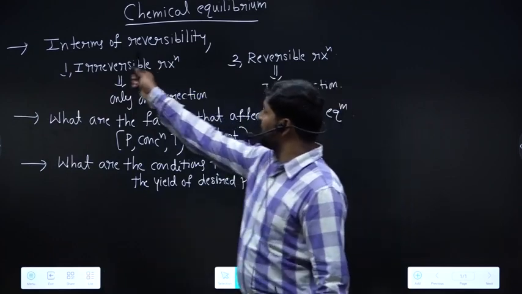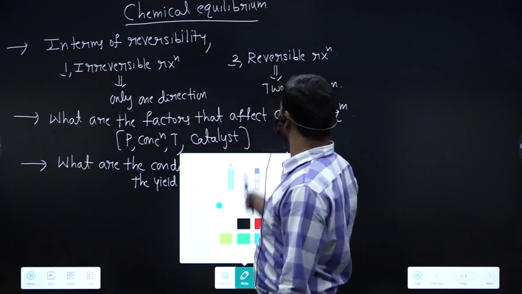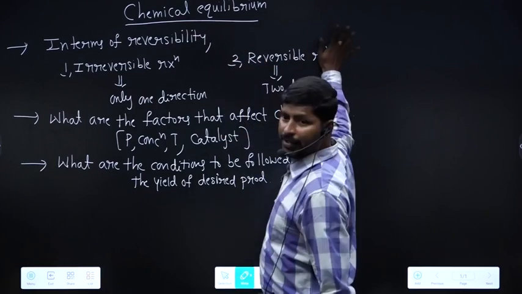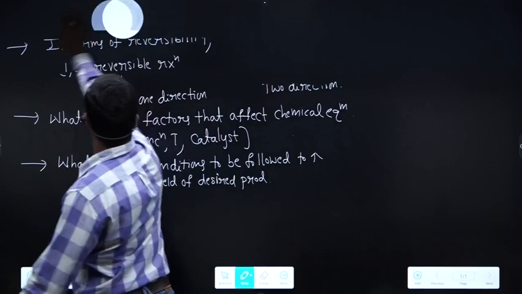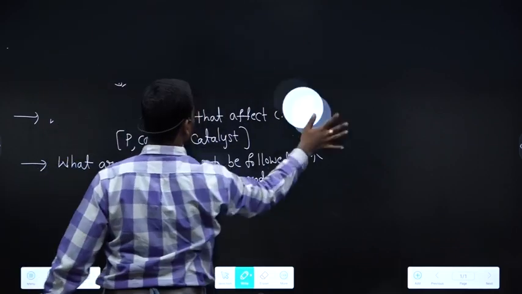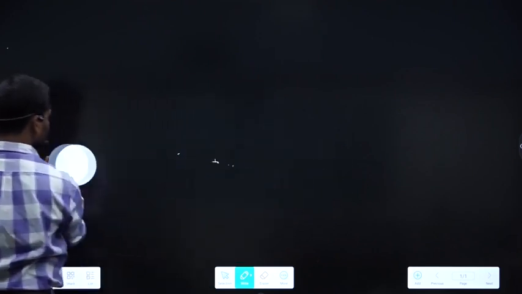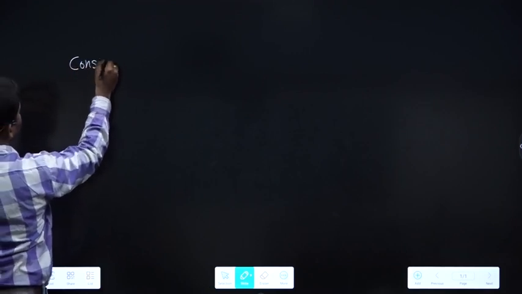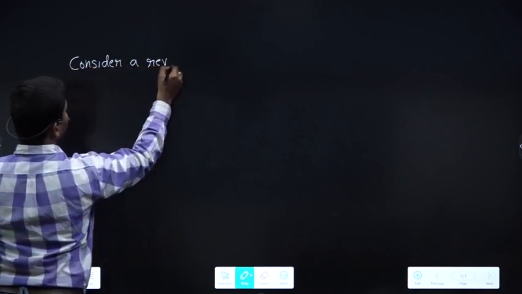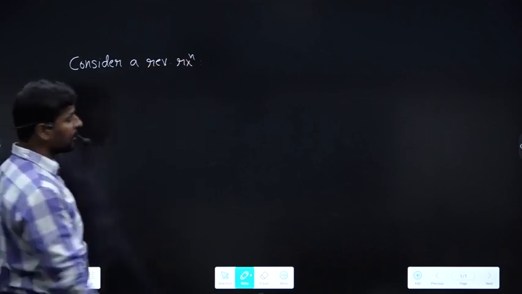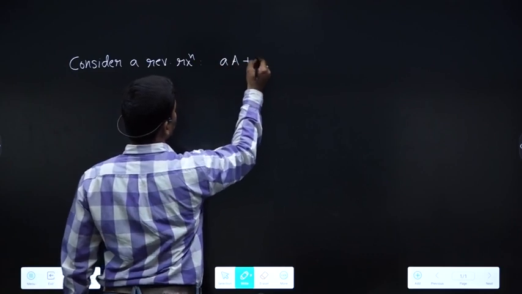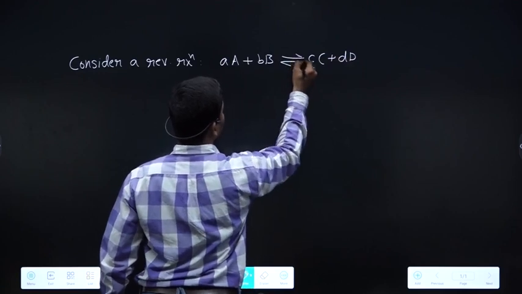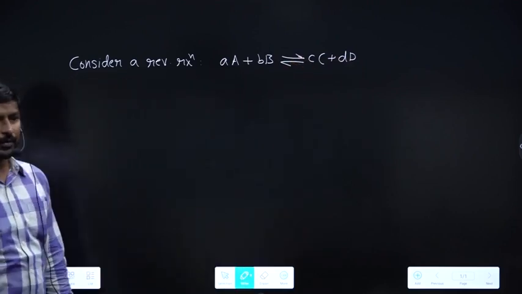In the case of reversible reaction we will get chemical equilibrium. Consider a reversible reaction, a general reaction, A plus B, which proceeds in forward direction and backward direction.